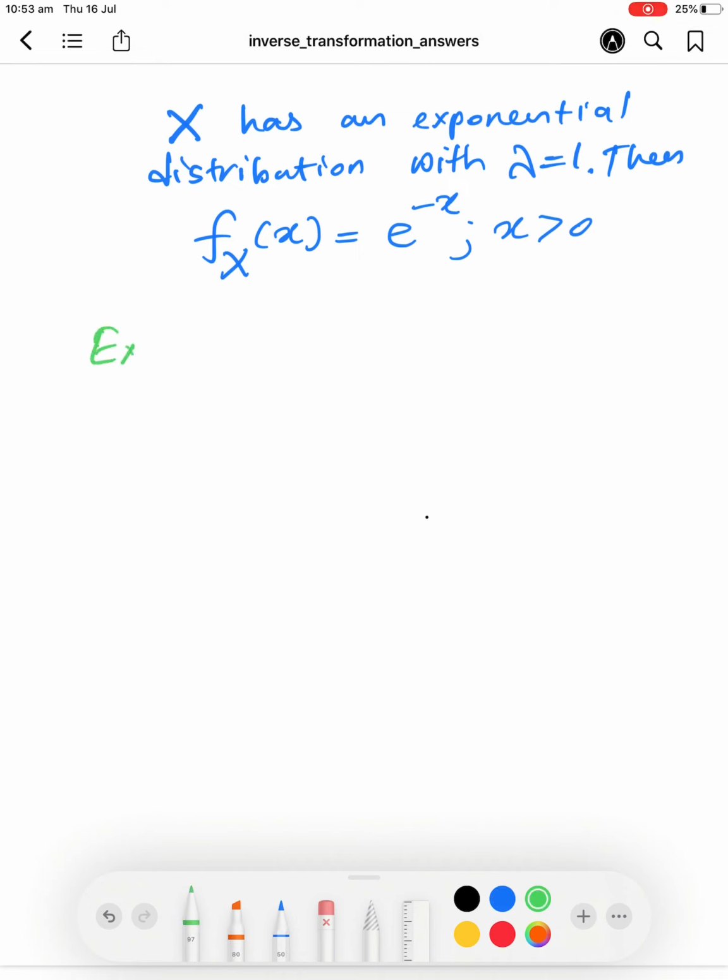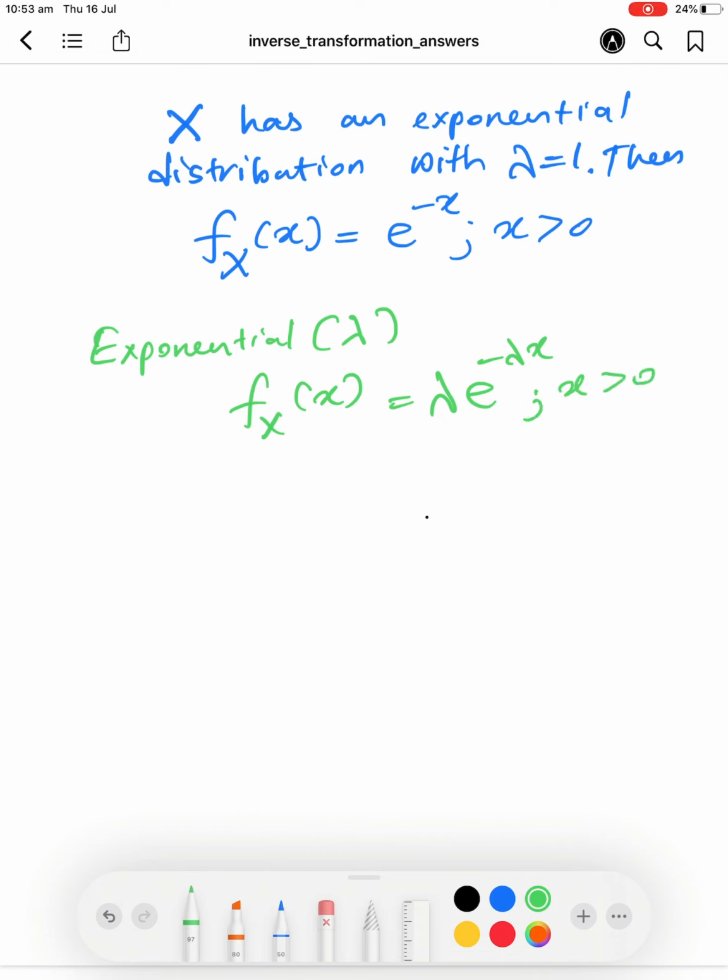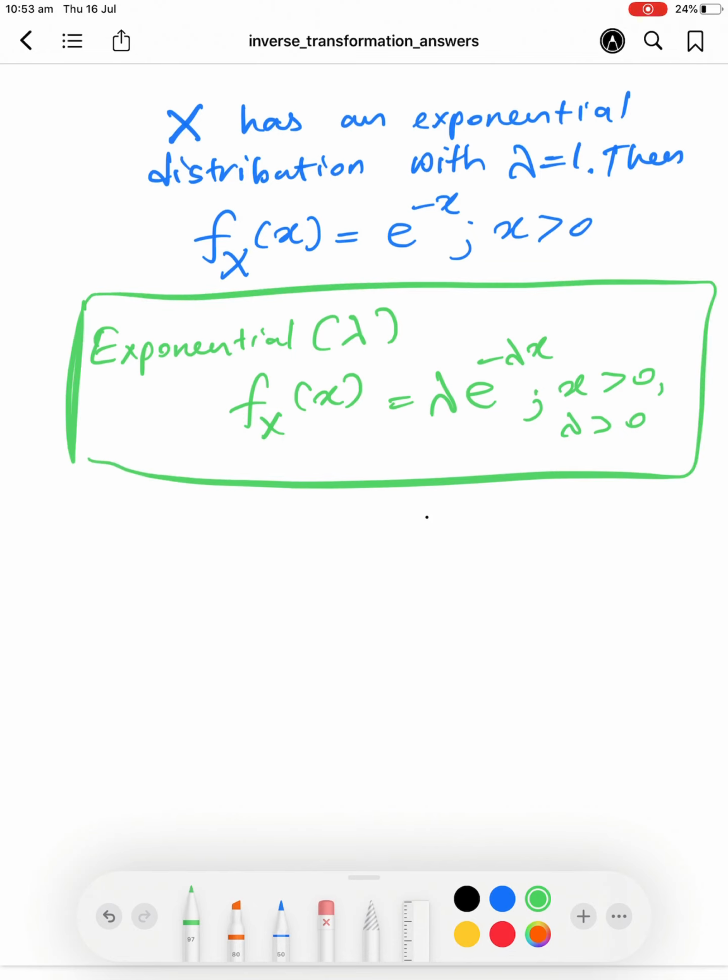In general, the distribution of an exponential with parameter lambda is f_X(x) equals lambda e to the power minus lambda x, for x greater than 0 and lambda greater than 0. Now here we substitute lambda equals 1.